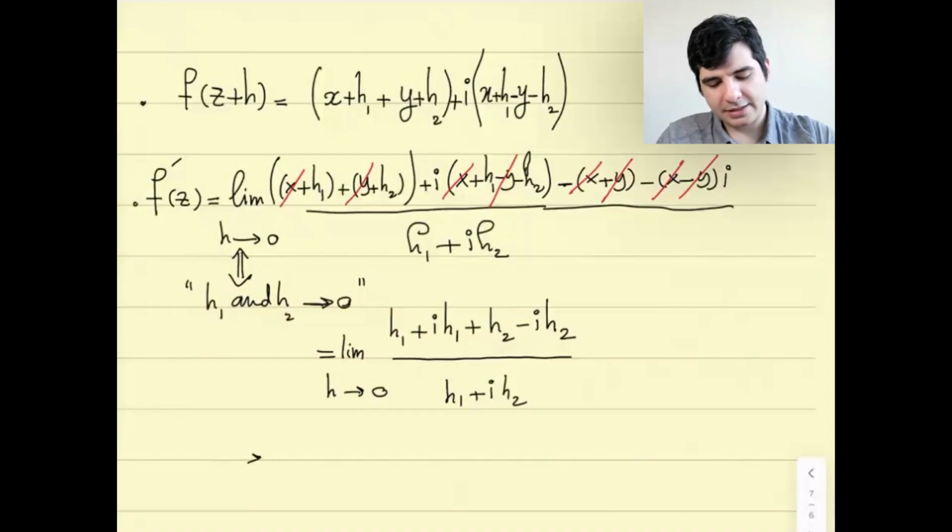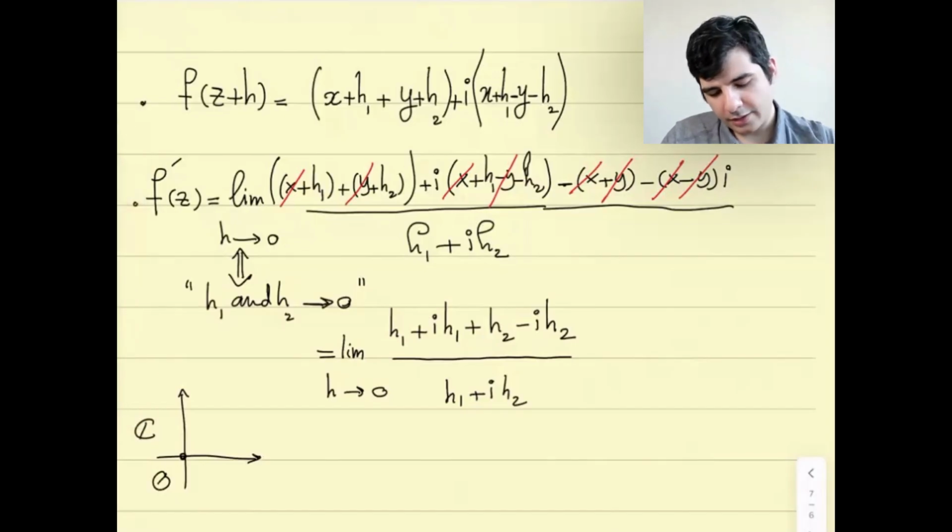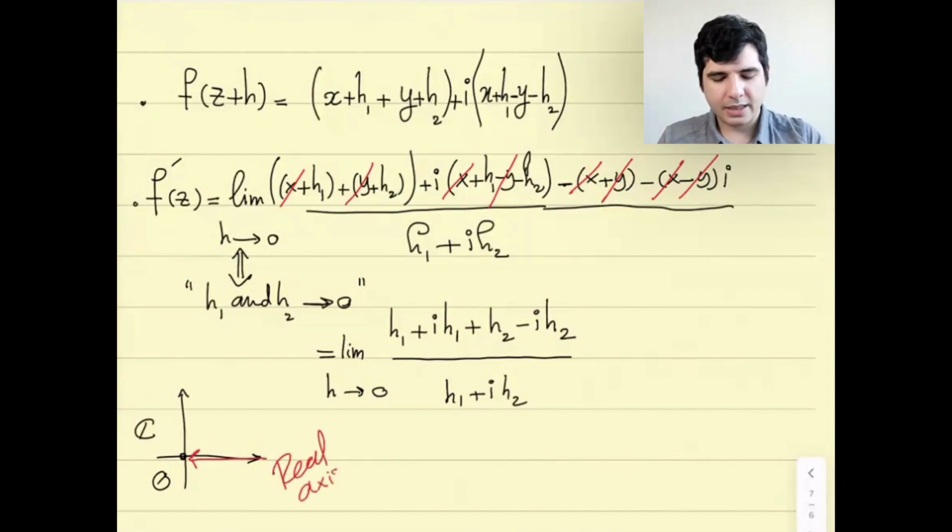So for instance, let's say this is the set of complex numbers, and this is 0, and h is a complex variable which is going to 0. It can go to 0 along this path, along the real axis. This is called the real axis. It can go to 0 along the imaginary axis.